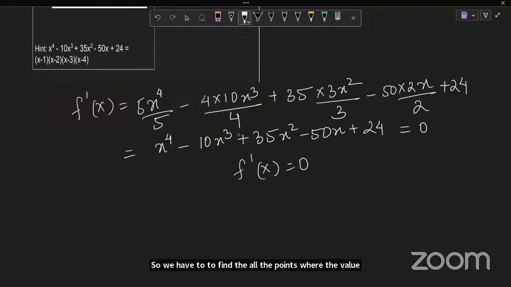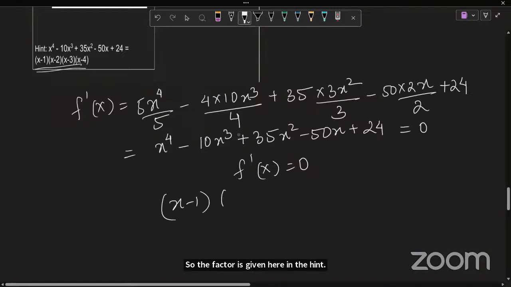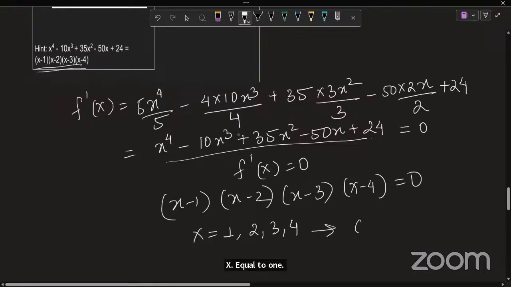We have to factorize this equation, right? The factors are given here in the hint. You can see x minus 1, x minus 2, x minus 3, and x minus 4 are the factors of this equation. So x equal to 1, 2, 3, 4. These are our critical points.